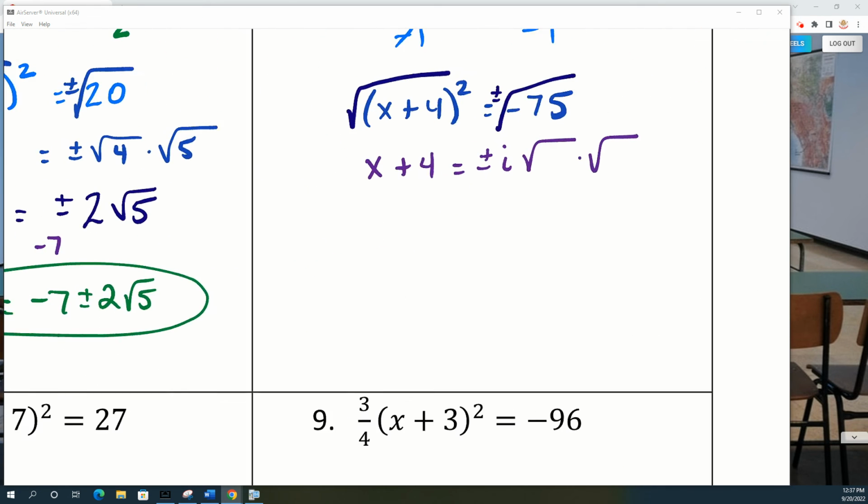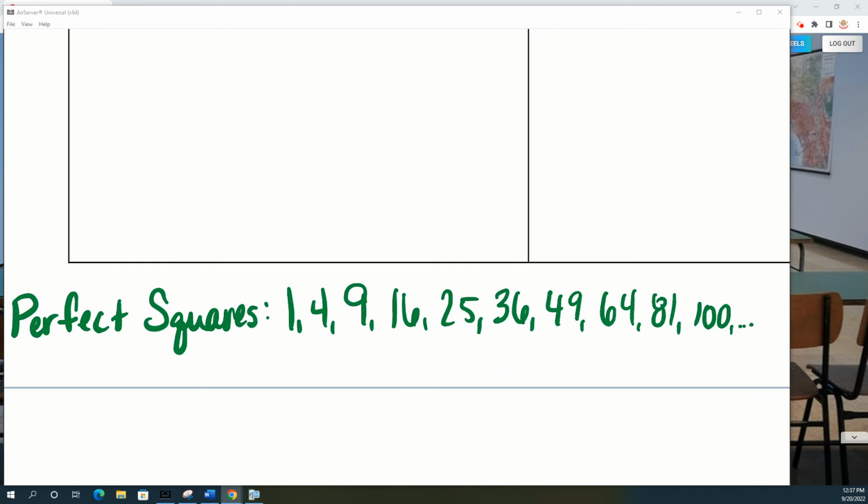So if you're looking for squares that divide into 75, because it's odd, you really only have to check odd numbers. Some of them are too big. So the one that does divide evenly is 25.